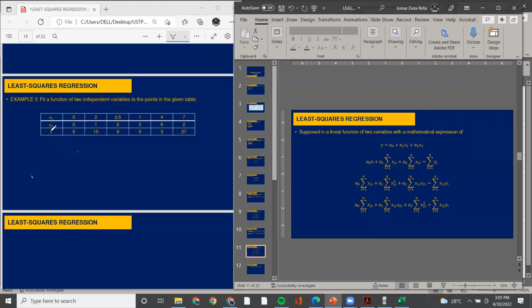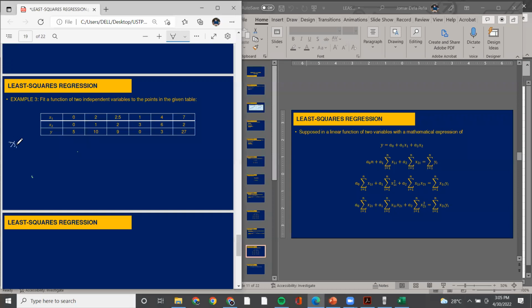But what we need to get is x sub 1, x sub 2, and y.